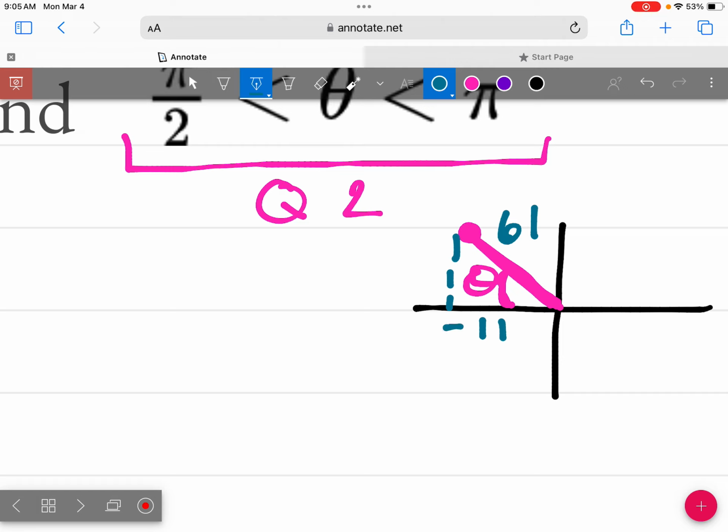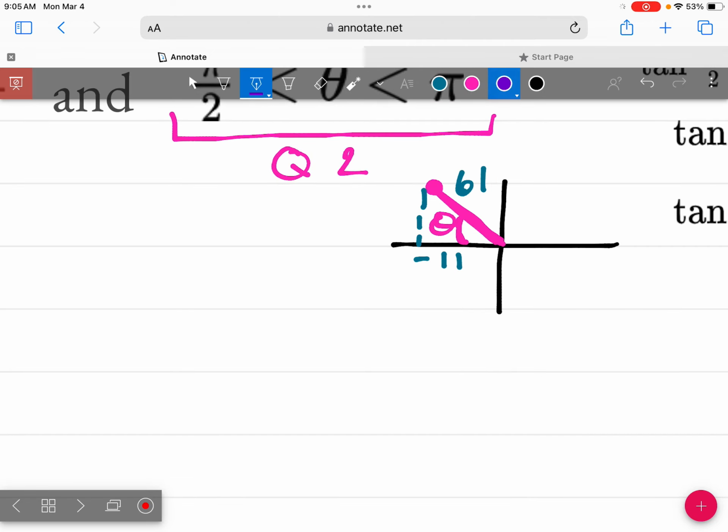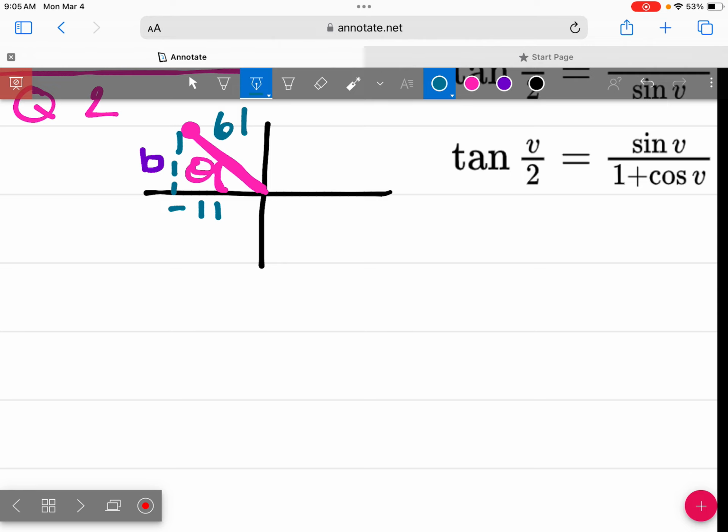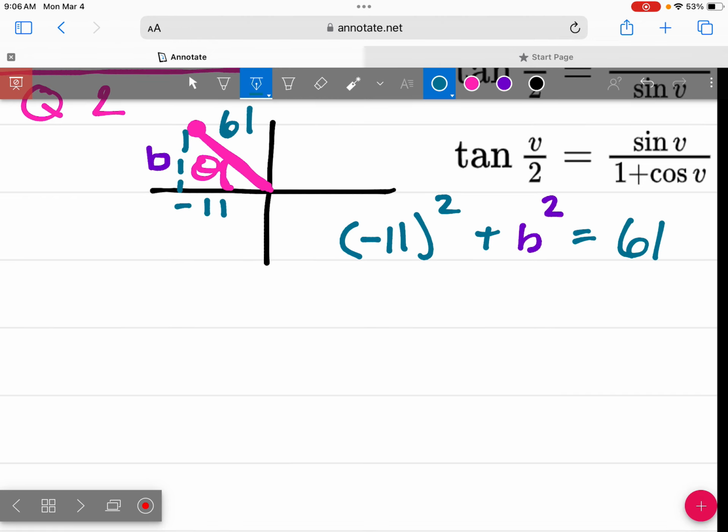The 11. So we got to make sure we keep track of that. How can I figure out what this other leg of our triangle is? Pythagorean theorem. Woohoo! So we're going to take our negative 11 squared plus something squared, and it equals 61 squared.